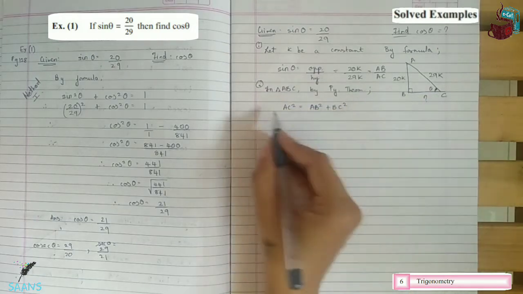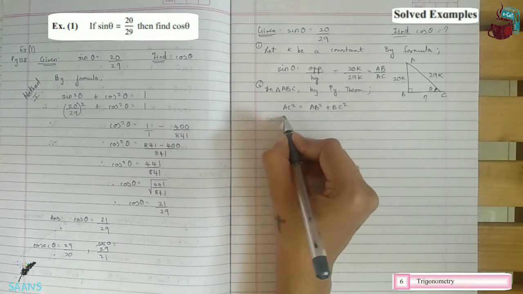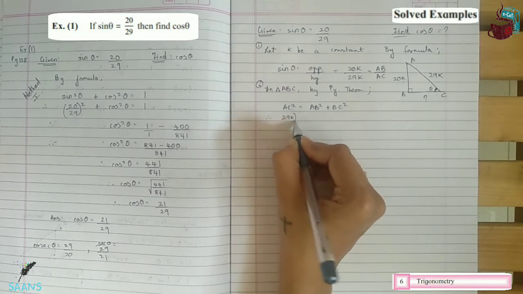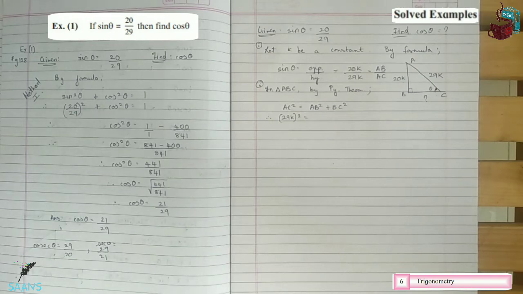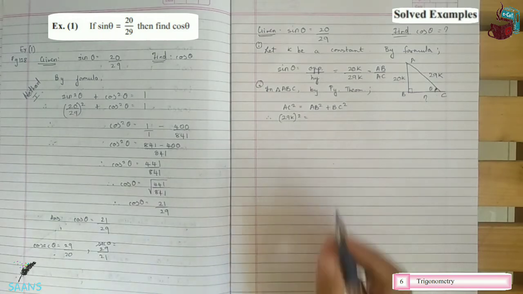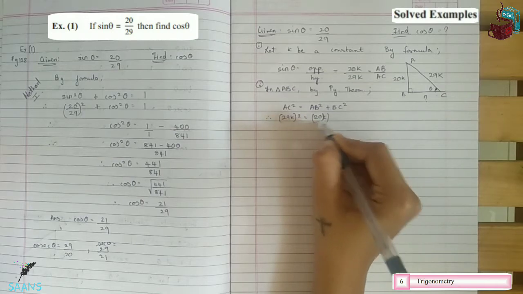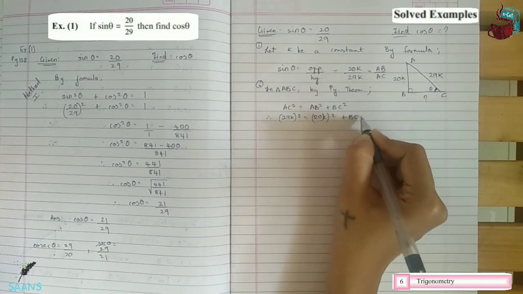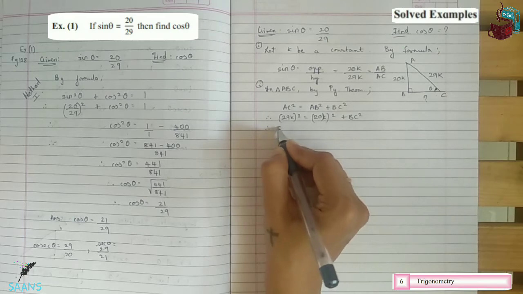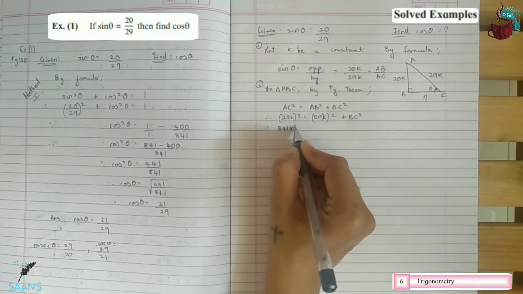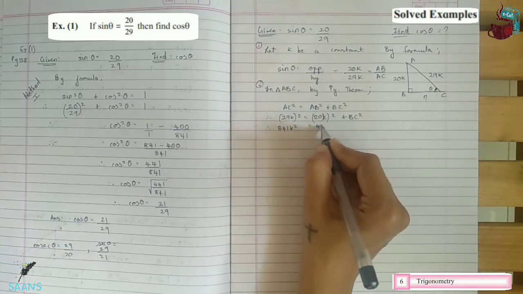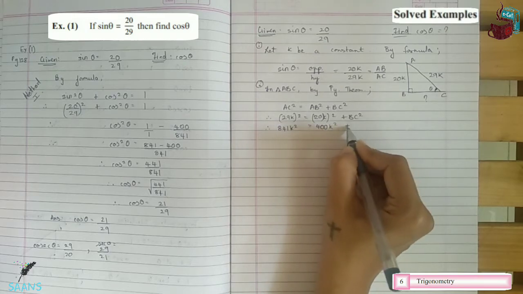So we'll find BC. Now AC square is 29k the whole square, equal to 20k the whole square plus BC square. 841k square is equal to 400k square plus BC square.